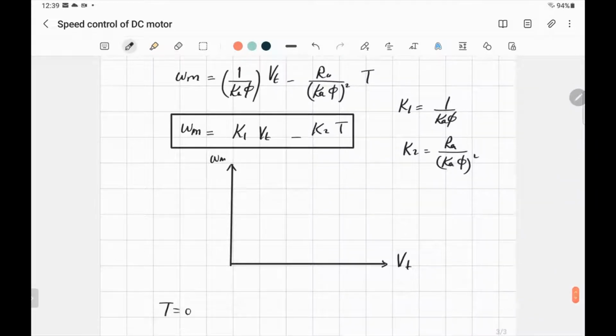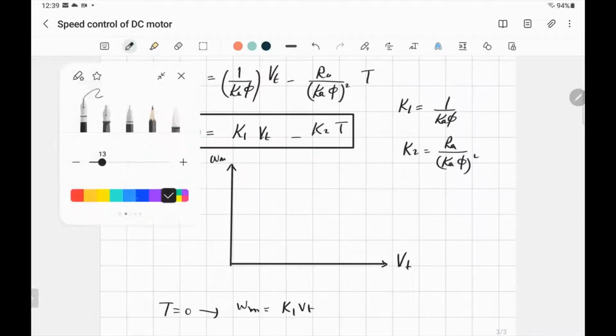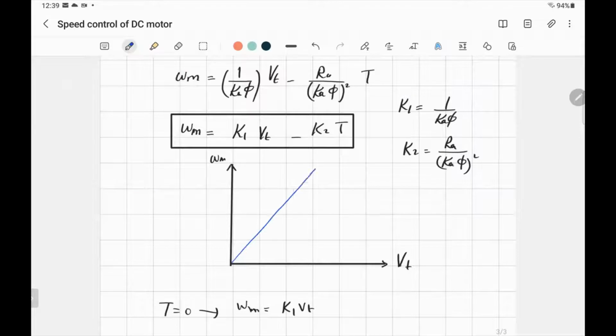If torque equals 0 in this equation, then omega M equals K1 Vt. So it will be just a straight line from the origin. This straight line shows how the speed of the DC motor changes when the motor is not loaded. That's when the torque is equal to 0. Obviously the relationship is linear. The speed is increasing linearly with the voltage. Every time you increase the voltage, you increase the speed. That makes sense.